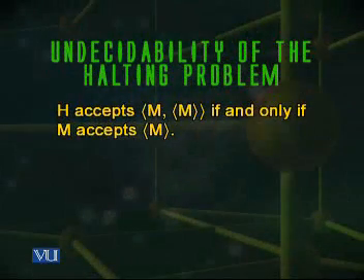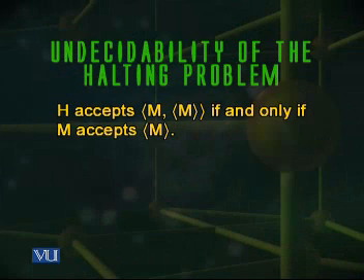What is D doing? It gets a description of a Turing machine and no string, and it converts that description into the description of the Turing machine followed by its own description and then calls H. So D is actually finding out if M accepts its own description or not. Let's see this closely.